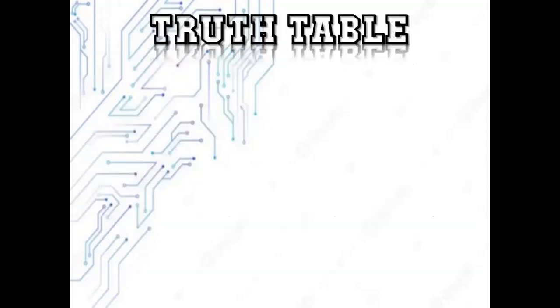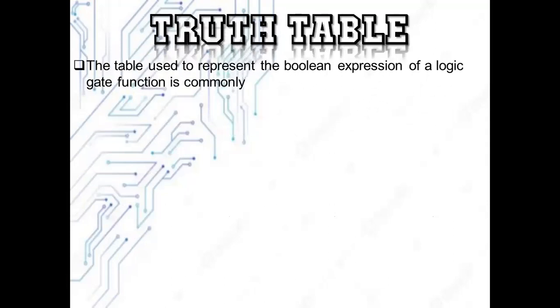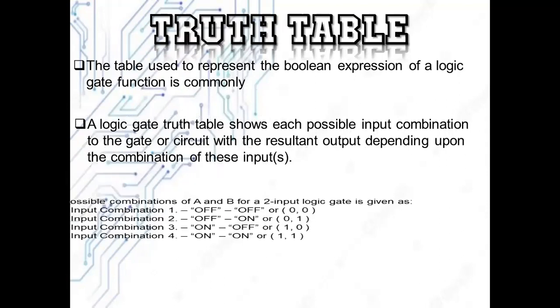Okay? So for the truth table, if you remember from the last discussion, a truth table is a table used to represent the Boolean expression of a logic gate function commonly. A logic gate truth table shows each possible input combination to the gate or circuit, with the resultant output depending upon the combination of these inputs.